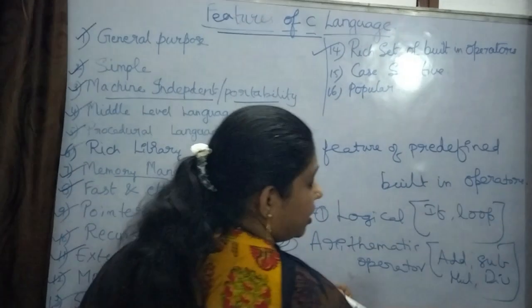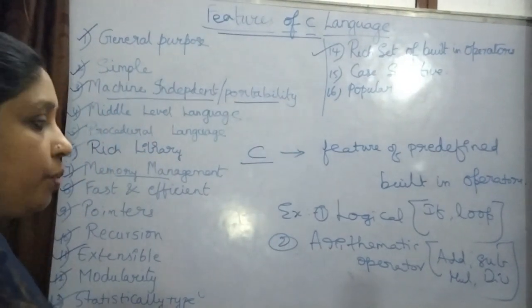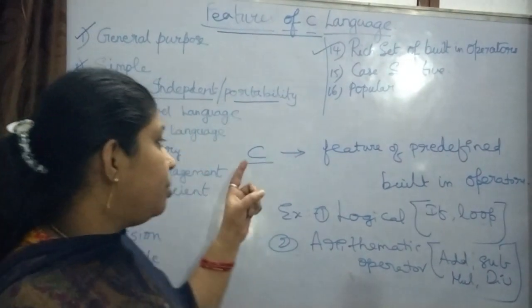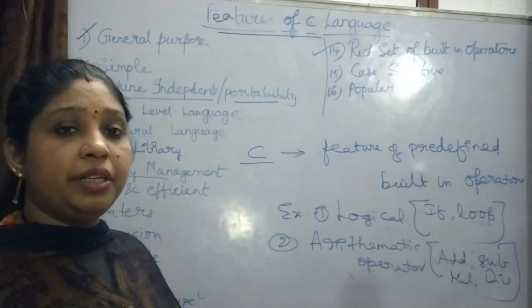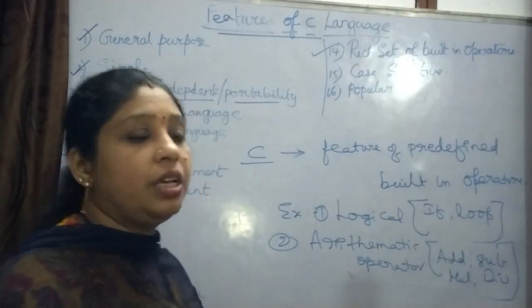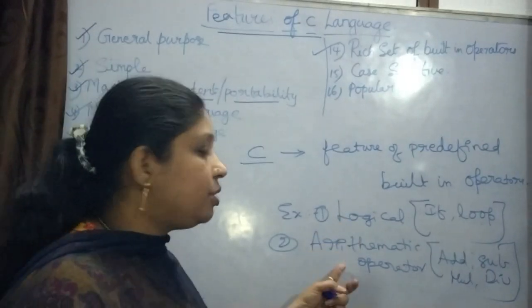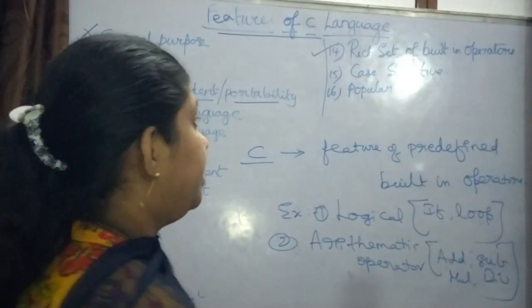So all these arithmetic operators hold this type of keywords. So C has one more feature called a rich set of built-in operators. There are many operators, but I have given only two examples: logical and arithmetic operators.